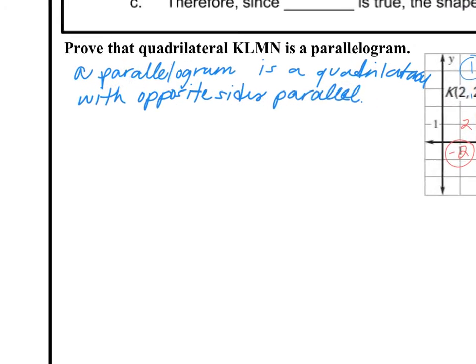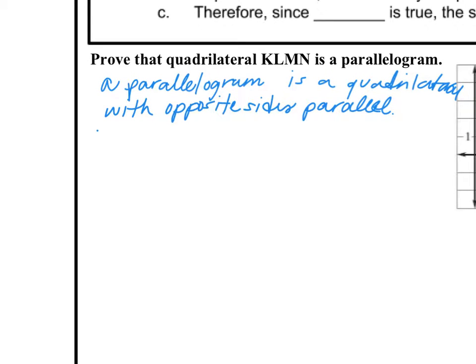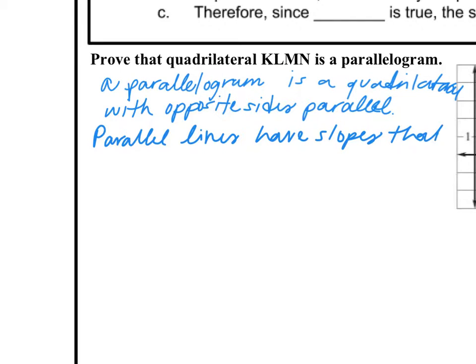You need to say that in your proof. Parallel lines have slopes that are the same. And then you get into the part where you start telling me what the slopes are, so you can tell me that they're parallel.